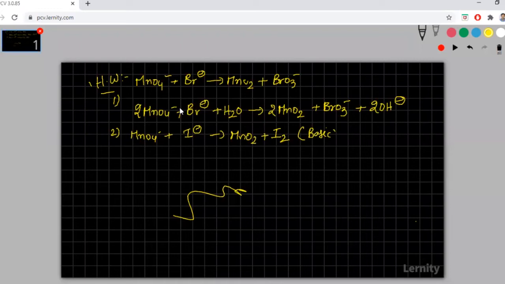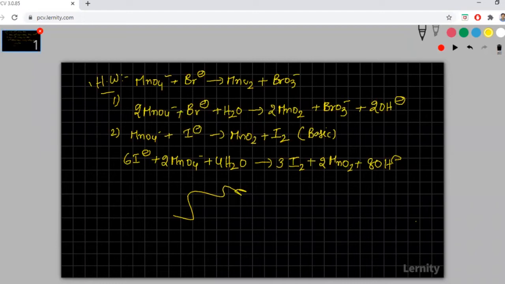So what is the answer for this one? 6I minus plus 2MnO4 minus plus 4H2O gives 3I2 plus 2MnO2 plus 8OH minus. This is the one.